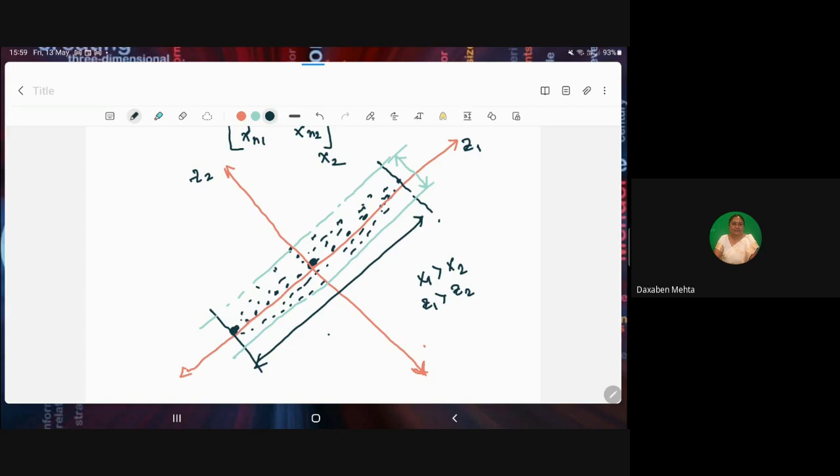So z1 has greater variability compared to z2, but as per our earlier figure, we found that the variabilities remain the same, or more or less we cannot conclude anything. But just by switching the figure by angle theta, we find that the variability of the new reformed variable z1 is greater compared to z2. Is it okay to all? Is the understanding clear?